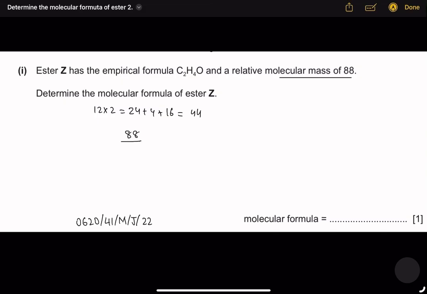So 88 divided by 44, which gives us 2. Now we have to multiply the empirical formula by 2. So that means C4, and then 4 times 2 is 8, so C4H8O2. So this is our molecular formula. Now let's move to the next.